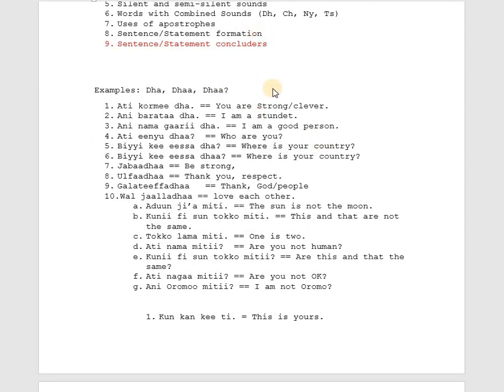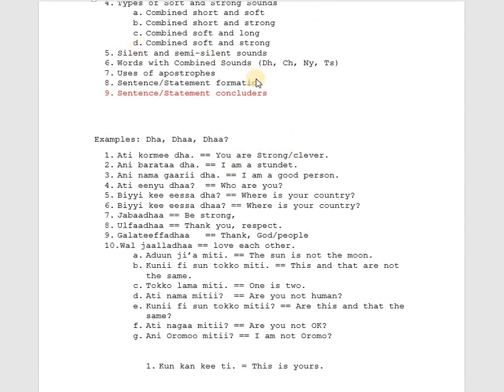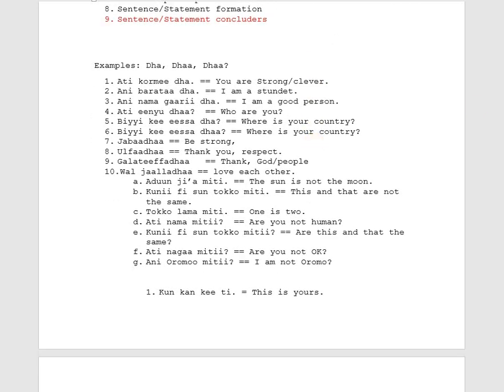I adapted this a little bit from my previous listing because I thought this is better than the previous listing. So there are some of them I have here for you. I'm going to go through.